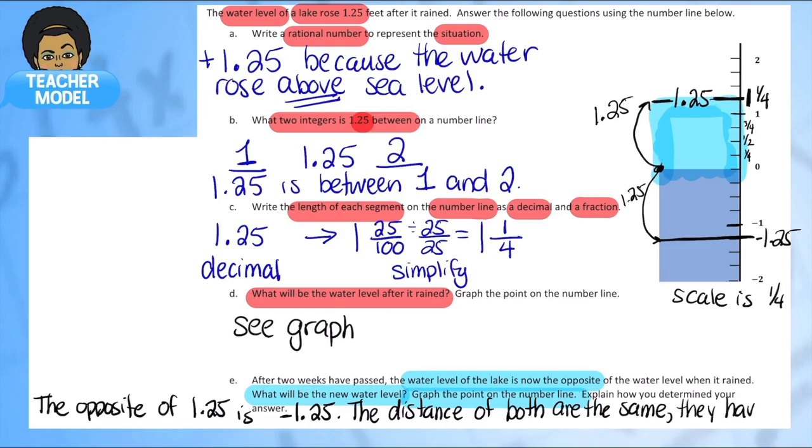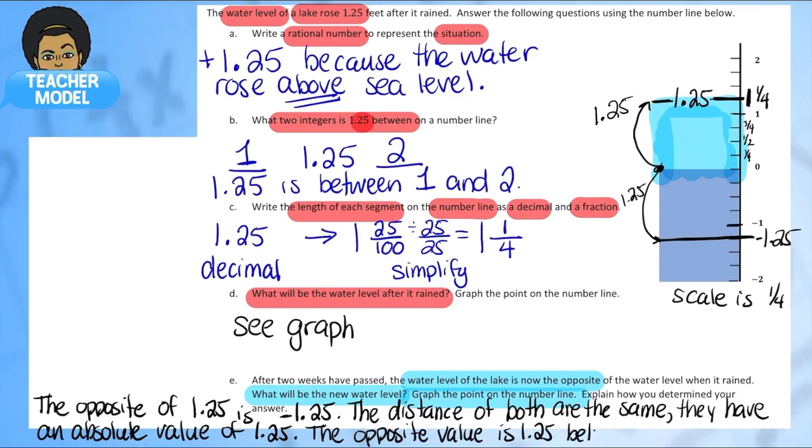They have an absolute value of 1 25/100. The opposite value is 1 25/100 below 0. And we're going to stop right there so you can jot this down into your notes as well.